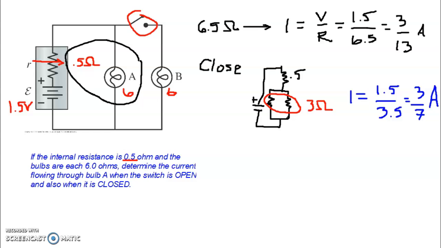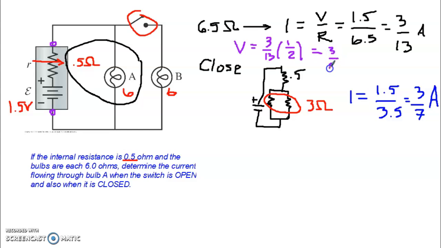Now, related questions that I'm not going to do, but just so that you know what you might be expected to find: how much voltage is available across the terminals? You know, the resistance that's inside is just that, it's inside. In the first case, I could figure out the voltage drop across it by using IR, and the current of 3/13 of an amp is flowing through a half ohm, so the voltage drop inside the battery itself is going to be 3/26.